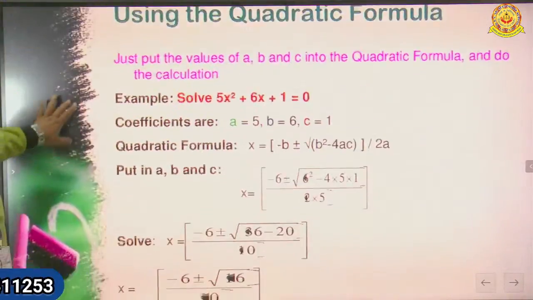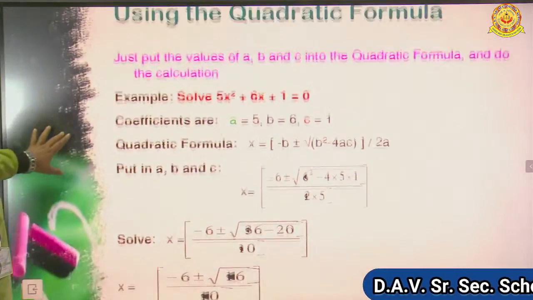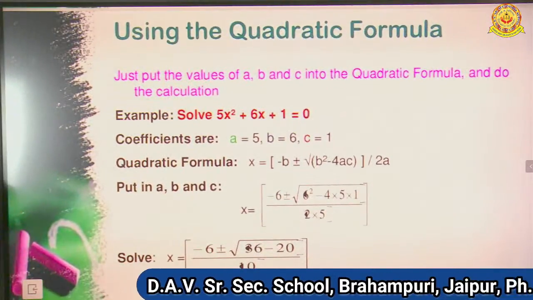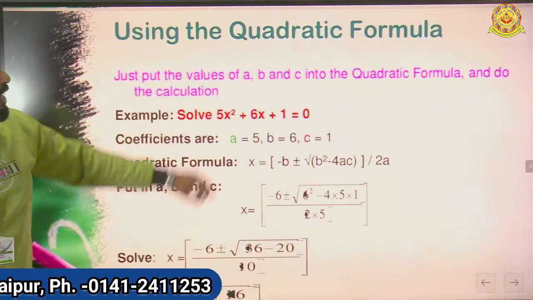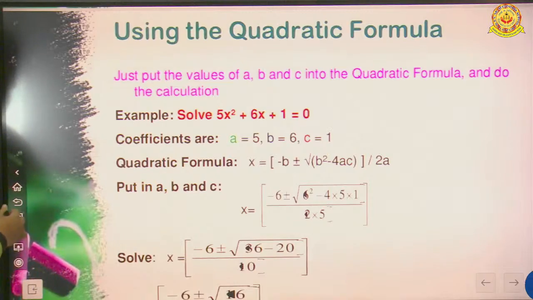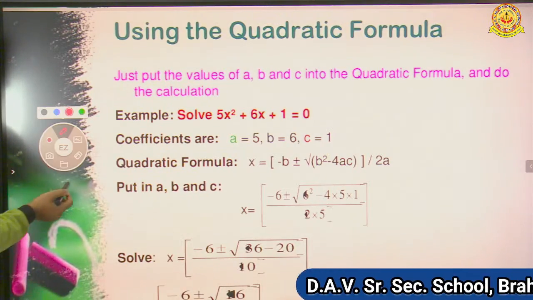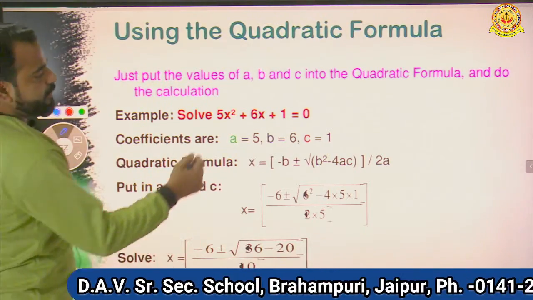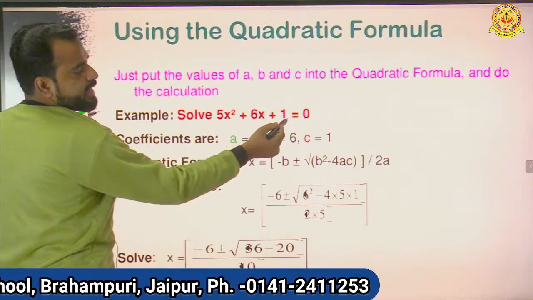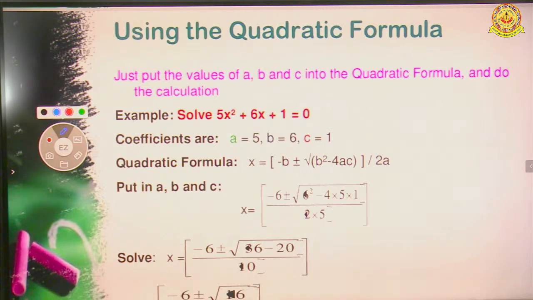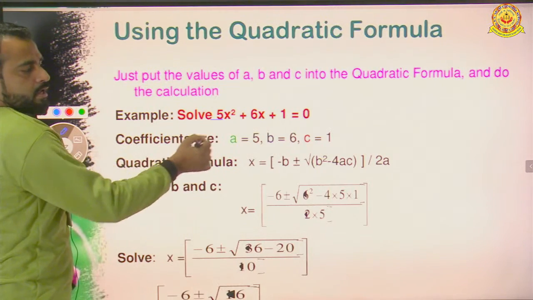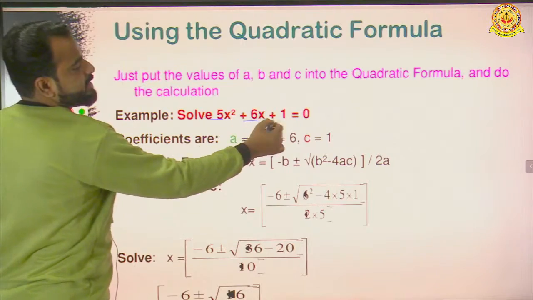Okay, now look at this question. Using the quadratic formula or the Sridharacharya formula, solve the equation 5x square plus 6x plus 1 is equal to 0. So first of all, we will pick the a, b, c values. What is a here? B and c.